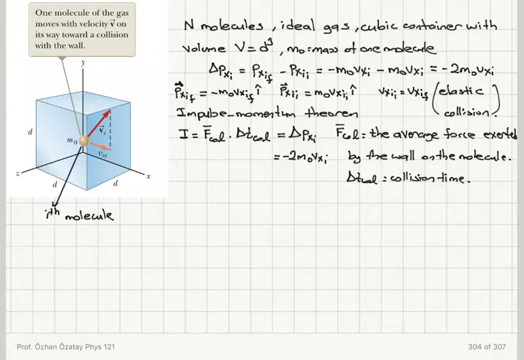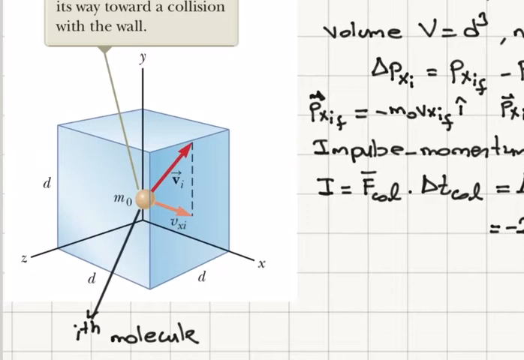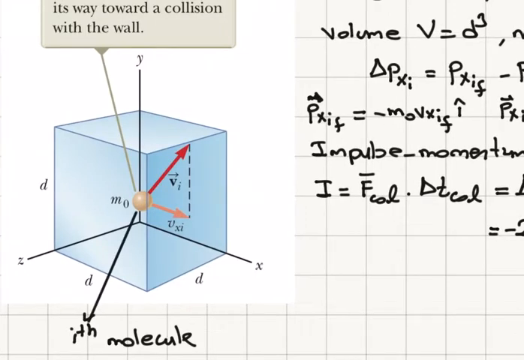Okay, so let's say that this collision has occurred. Then I ask myself, how long does it take for a similar collision to occur between this wall and this molecule again? Once this molecule reflects from this wall, it has to go all the way back to the other side, reflect from the other side, and then move all the way back to this wall again to hit the wall.